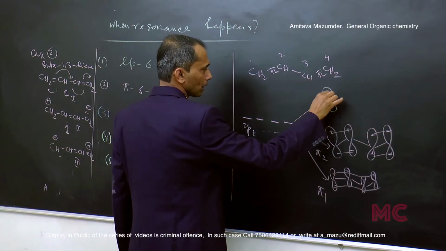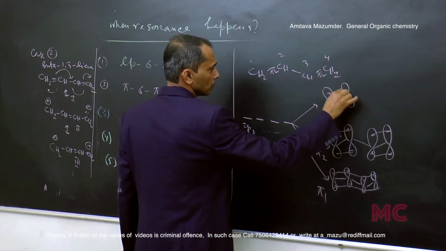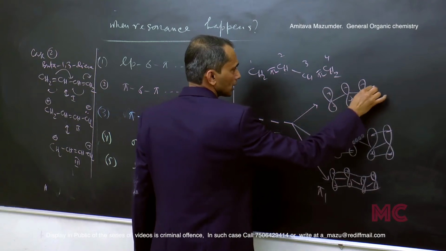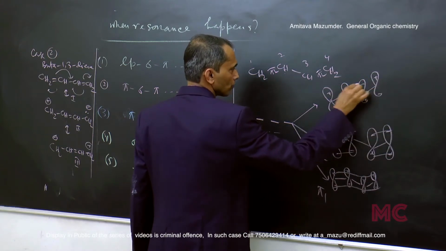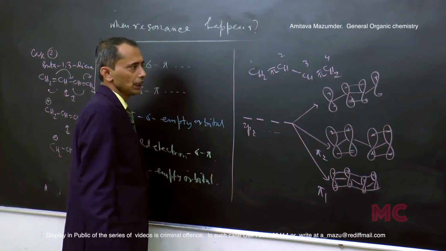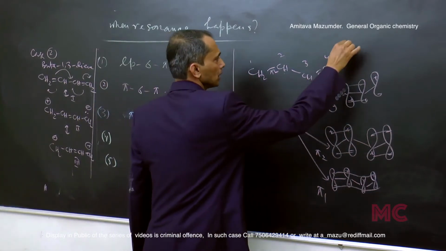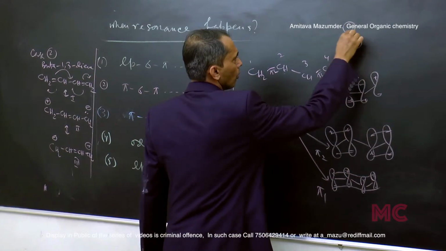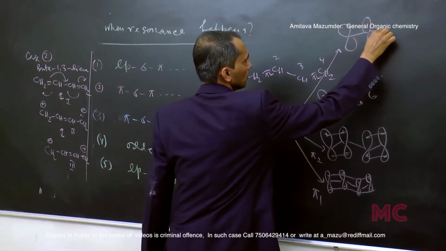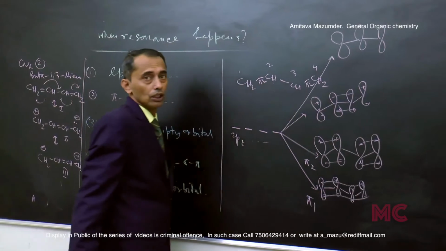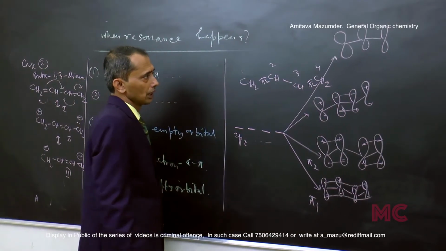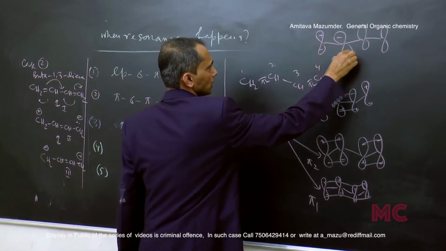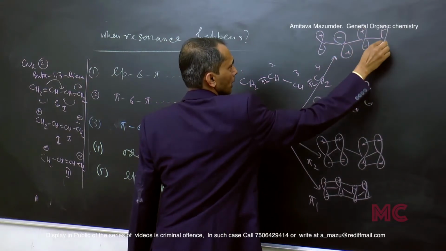It can be like this: plus, minus, minus, plus, and then plus, minus. The fourth one will be the structure where all are in the asymmetric condition: plus, minus, minus, plus, plus, minus, minus, plus.